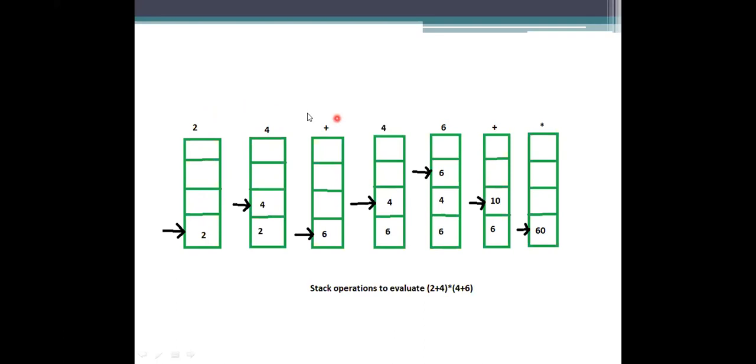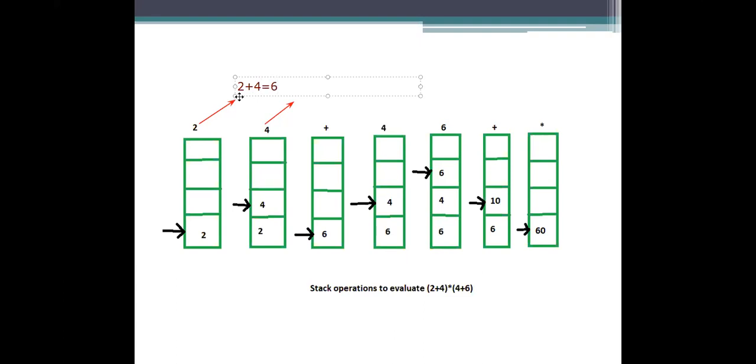So what will it do in this particular representation? These two operands will be popped out, which means the values will be taken out, and it has to perform the action specified here, that is, the operator it is representing, which is addition.